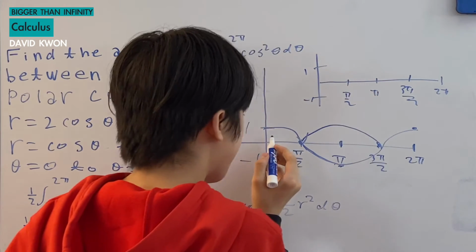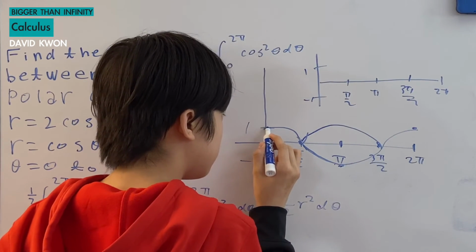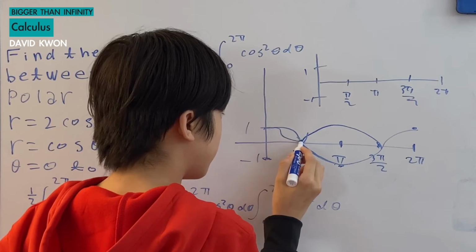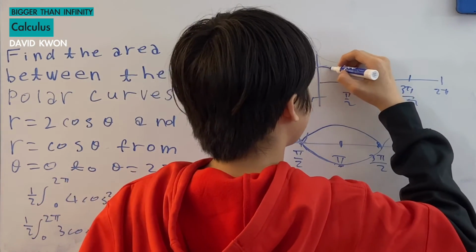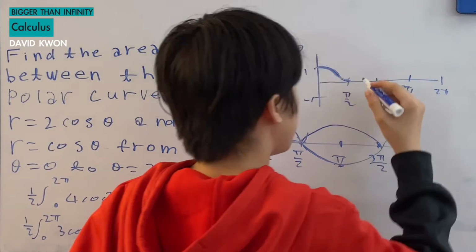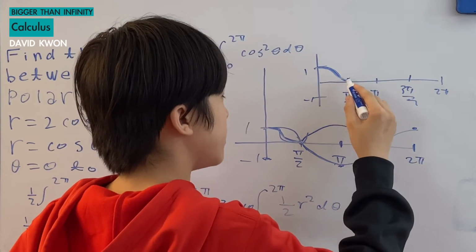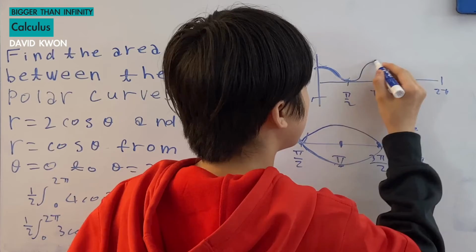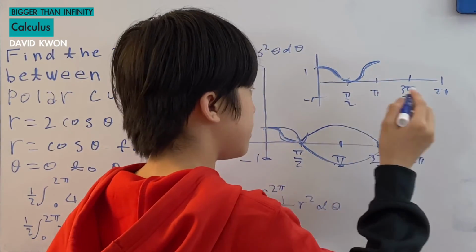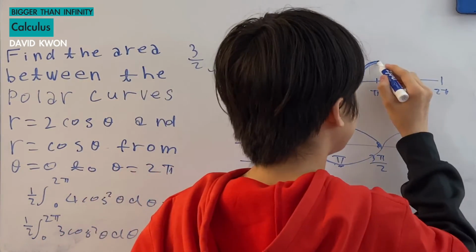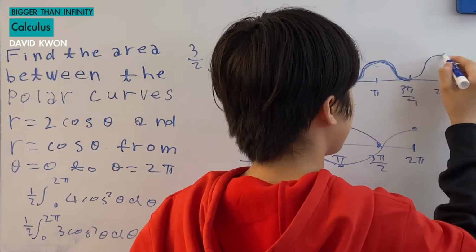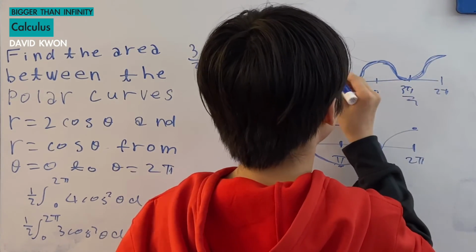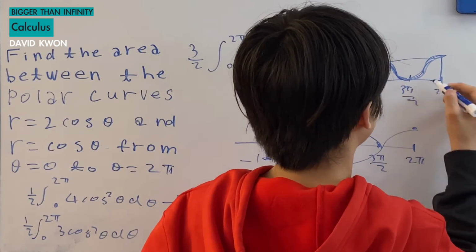It will actually bend earlier and come down earlier, so it will look like this. And it's the same thing from pi over 2 to pi, the same from pi to 3 pi over 2, and from 3 pi over 2 to 2 pi. Let's draw a little box here.